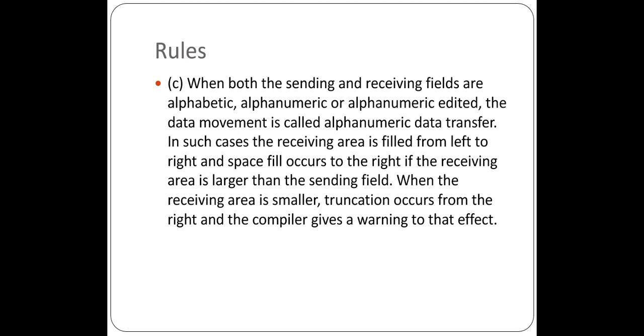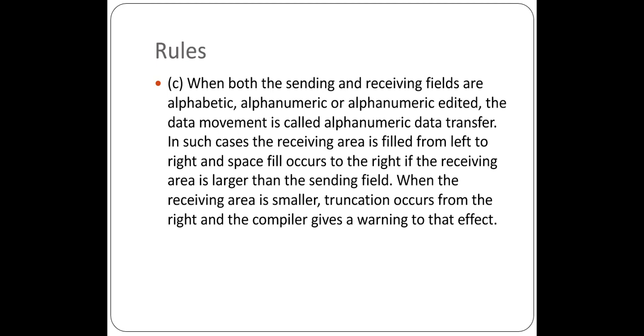And then suppose the sending field size is the smaller one, and the receiving field size is the bigger one, so in this juncture the value movement will happen. And after the value movement, the receiving field, which holds the larger character positions, will be filled with 0. So you will have some zero fill option or a space fill option in the receiving field.